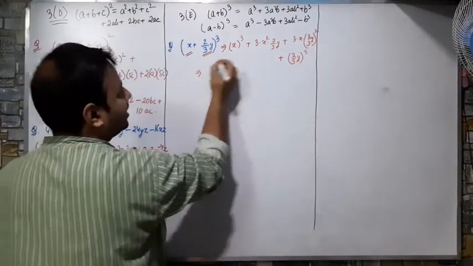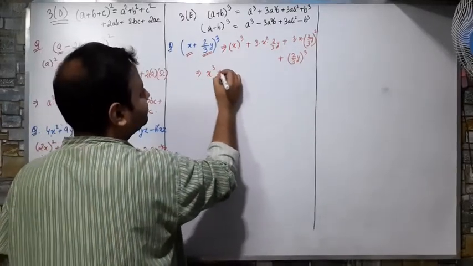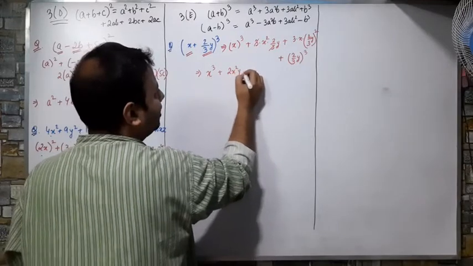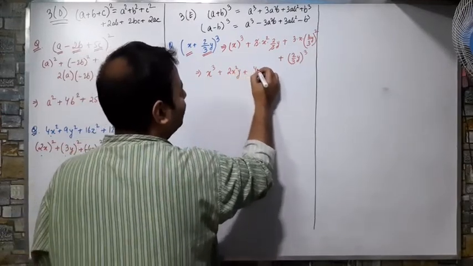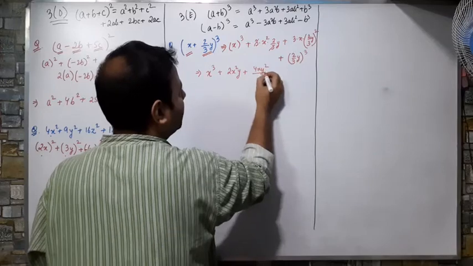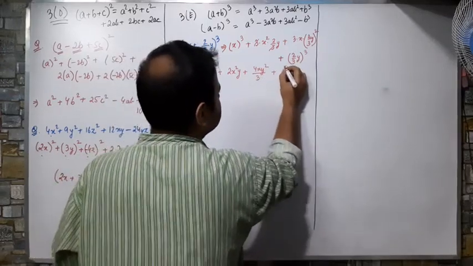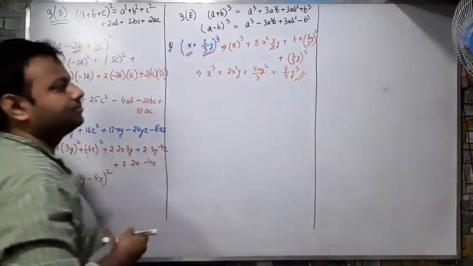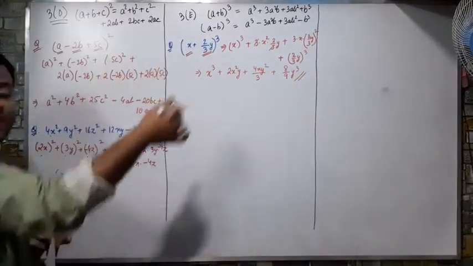So what is the answer? I am getting here x cube, 3 and 3 is cut. I am getting 2x square y plus 4x y square by 3 plus 8 by 9y cube. So this is how I have expanded.